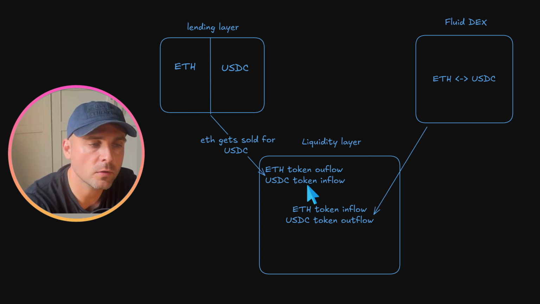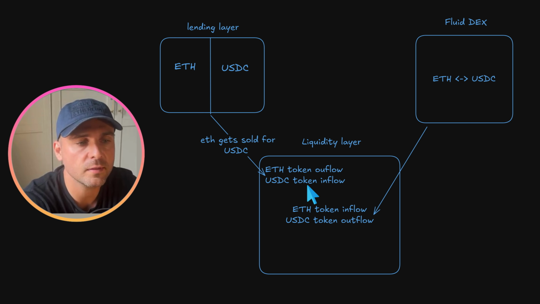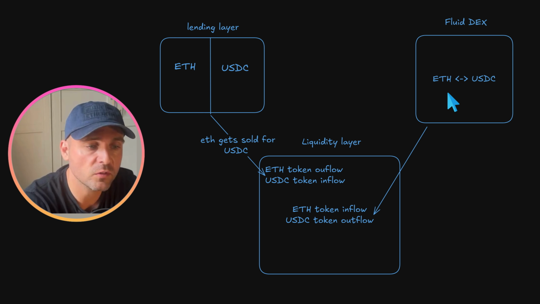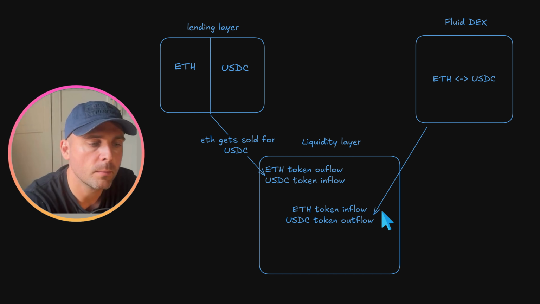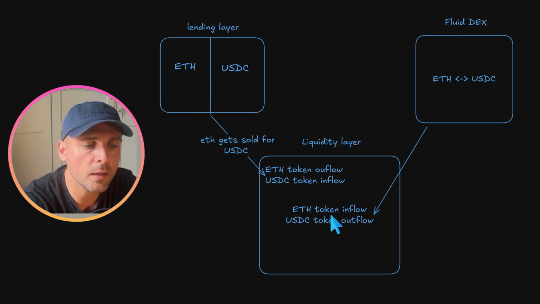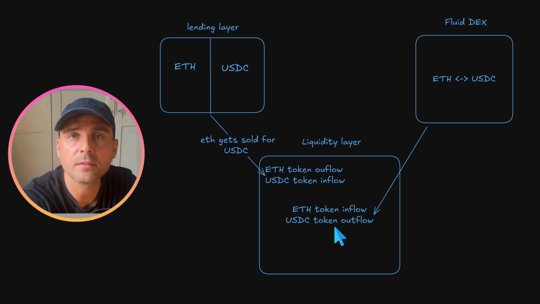But it turns out that during this exact situation where ETH crashes relative to USDC, the Fluid DEX, which is also connected to this foundational liquidity layer, sees the exact opposite of token flows, meaning that ETH tokens flow in and USDC tokens flow out. And that is because an AMM sees the depreciating asset, in this case ETH, flow in, whereas the appreciating asset, in this case USDC, flow out. This is why liquidity providers face impermanent loss after all.